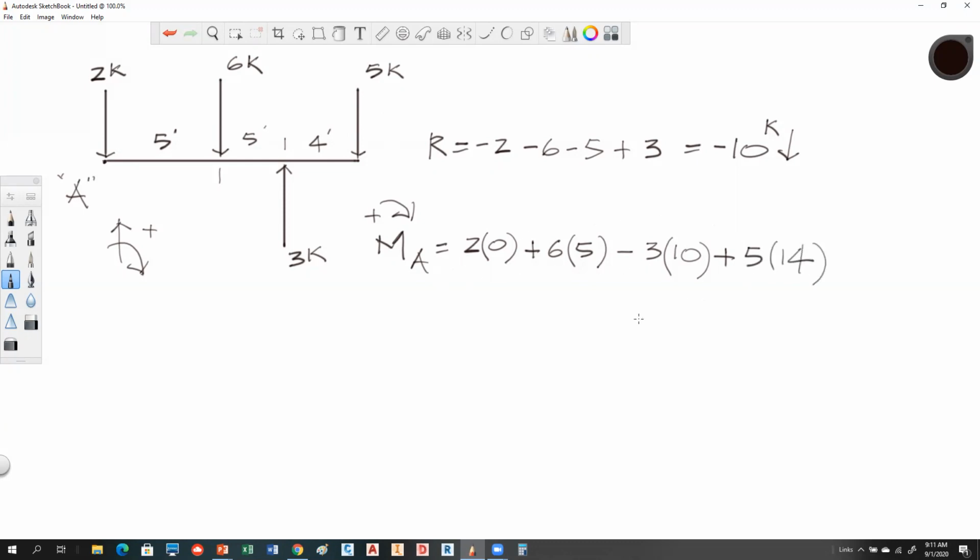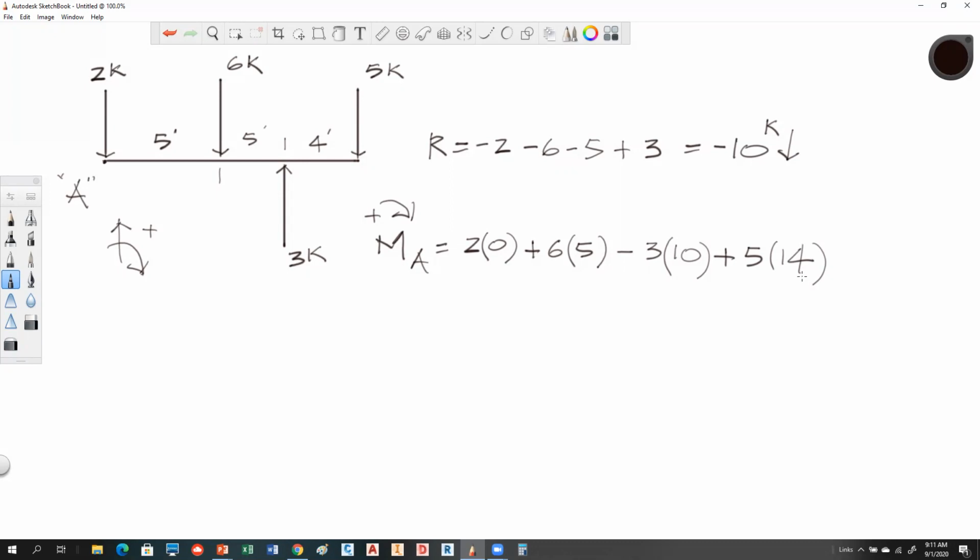When we do this math, this is going to give us the result. This one drops out, this is your next moment. That's your direction, that's your force, that's your distance. Direction, force, distance; direction, force, distance.